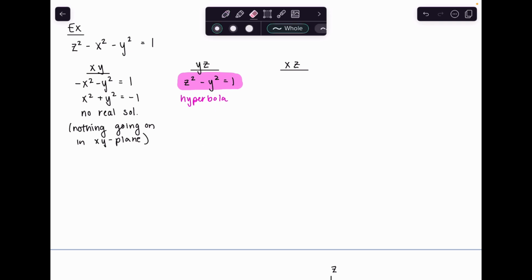So it's a hyperbola that opens in z. Then we've got our xz, which is similar. It's z squared minus x squared equals 1. So this is a hyperbola as well, that also opens in z.